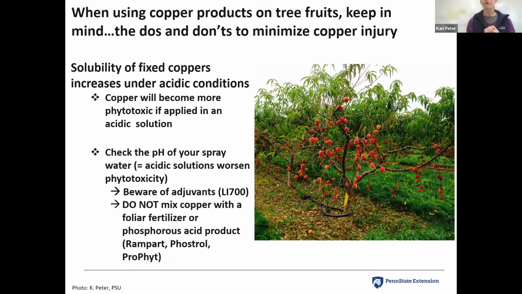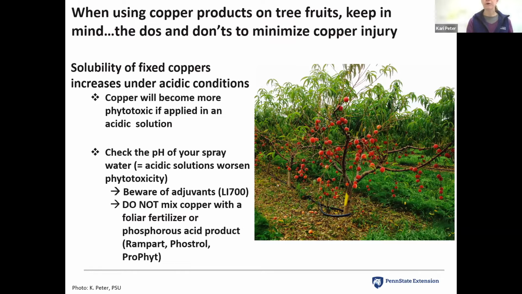Meaning, if your water is not already neutral at pH 7, say it's well water that's relatively acidic, you would want to do something to bring up that pH. I'll show you a slide in a minute, as the pHs of coppers aren't all created equal. Also be mindful of what you're adding to your spray tank, and what the pH of your spray tank is.